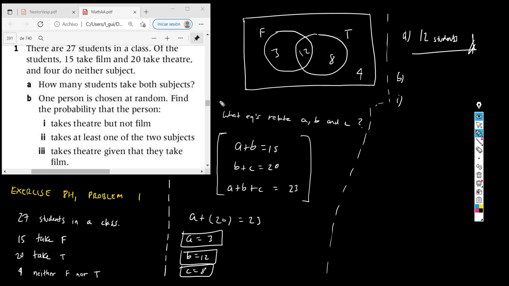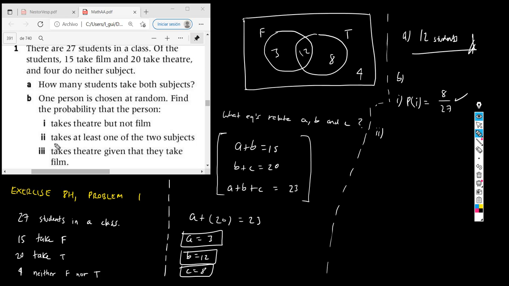Theater but not film. So it's all of these guys. It's these 8 people. These 8 people take theater but not film. So 8 favorable outcomes. The probability of this event, I'm gonna call it event 1, just like the question, is 8 over the number of students, which is 27. That's it.